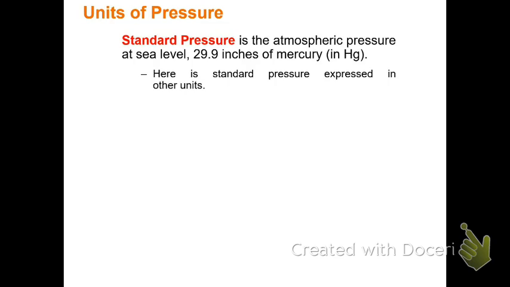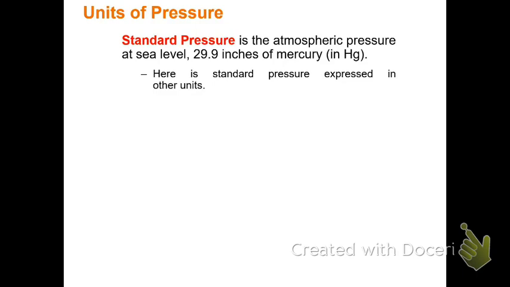All right, so let's look at the different units of pressure. First, let's define what standard pressure is. Standard pressure is the atmospheric pressure at sea level, 29.9 inches of mercury, or 1 atmosphere. Standard pressure is basically a frame of reference that makes measurement comparisons easier.